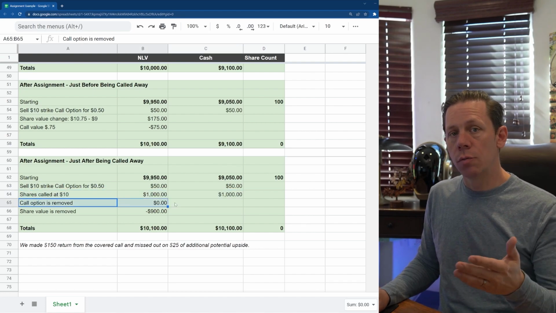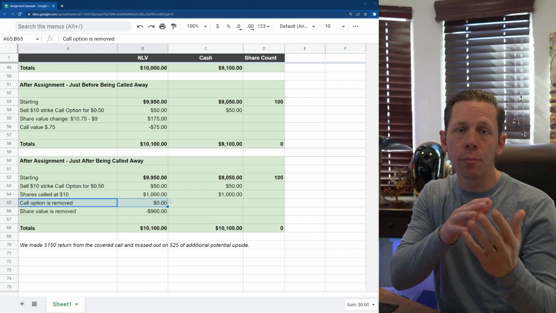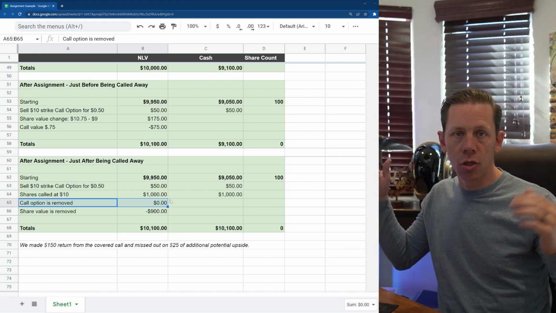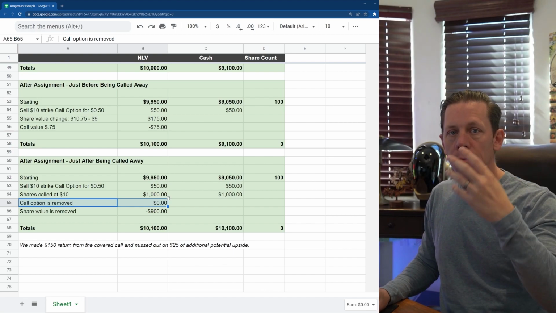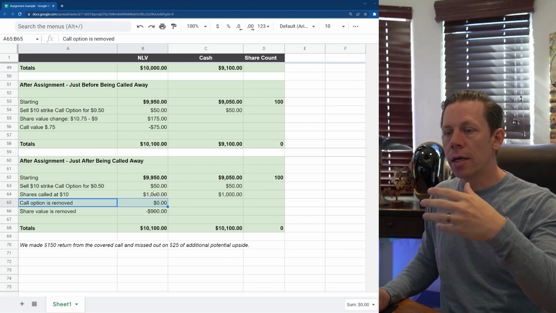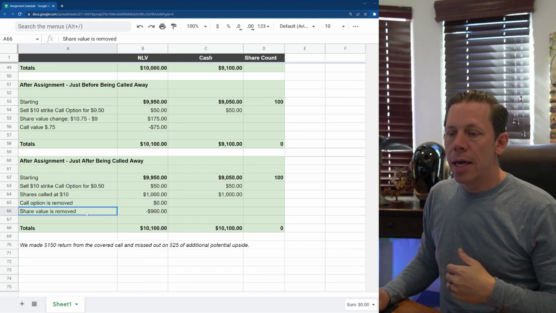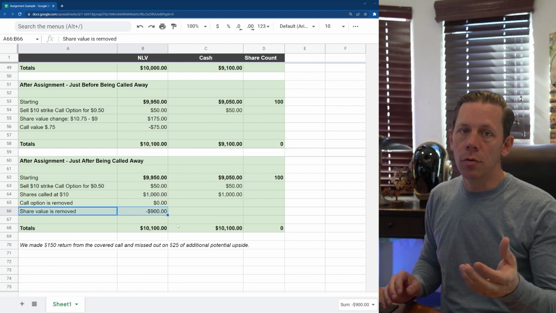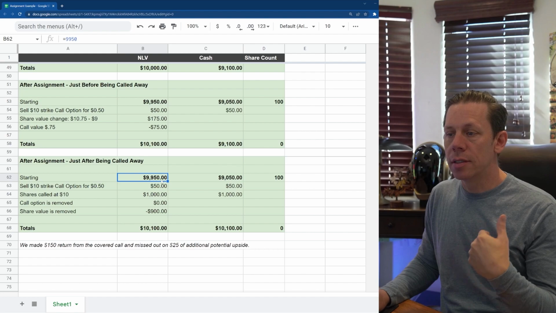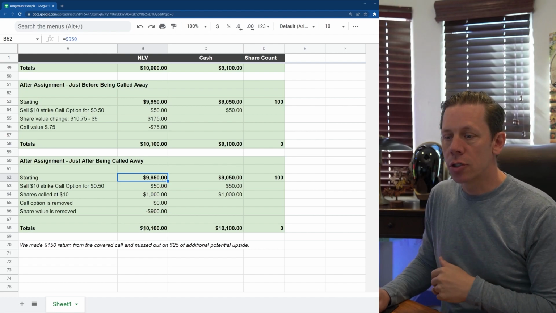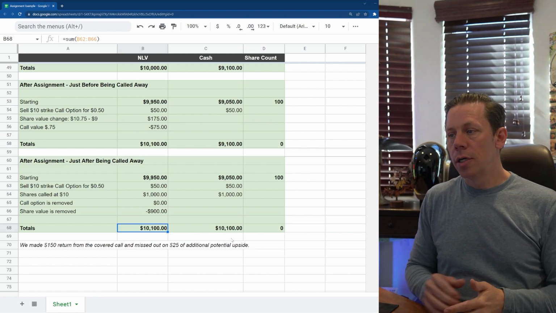And then the call option was removed, so that $75 goes away. Just like last time with the put option, the call option just goes away. It's removed. We see all of the money comes out in the wash when we look at what the share price was doing. And the last thing we have to do is remove that $900 in share value that was baked into this $99.50, which leaves us with an NLV of $10,100.